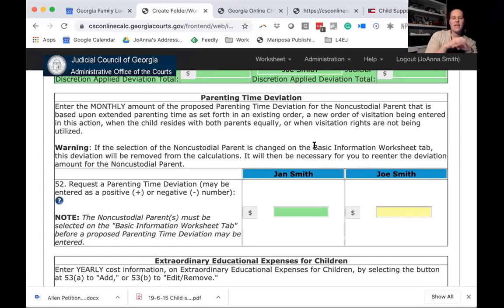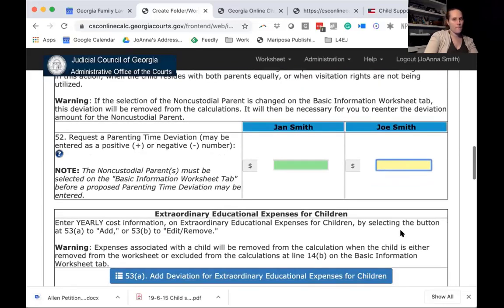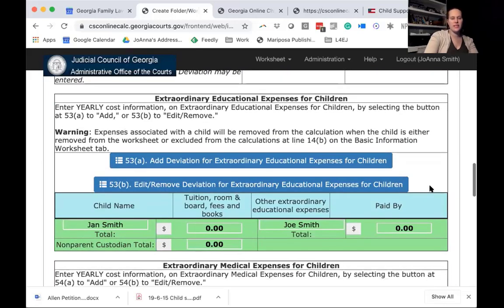Does that make sense? So if dad's child support was supposed to be $700, but mom's share of the child support is $500, they have exactly equal time, it may just be that dad is going to pay $200 each month. And so you would have to have a deviation of negative $500 in dad's to even those out. Does that make sense? Okay, I'm going to assume it does.